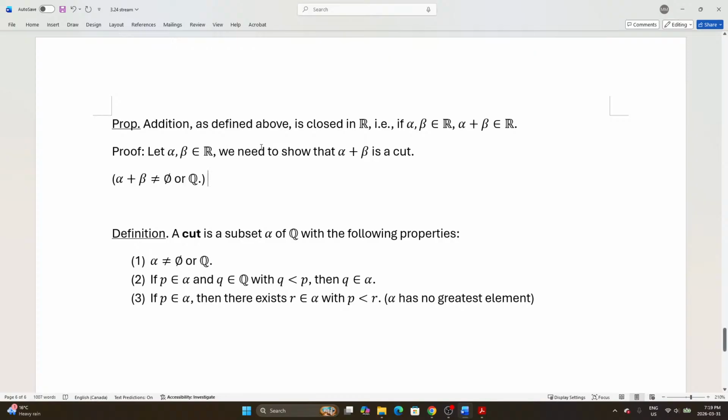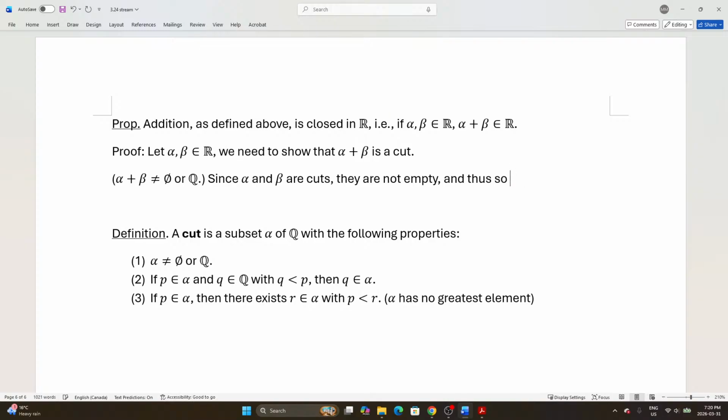But this is clear, because if you have two cuts, then these two are not empty. Since alpha and beta are cuts, they are not empty, and thus so is alpha plus beta.